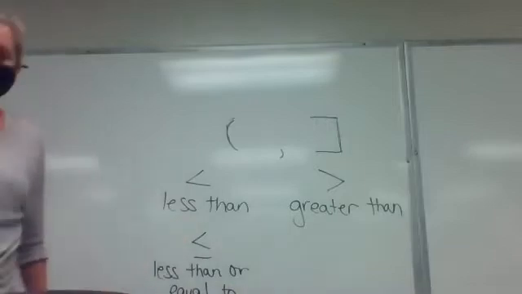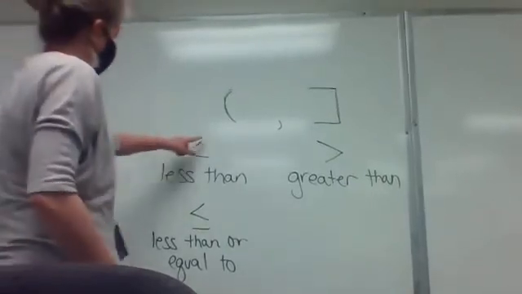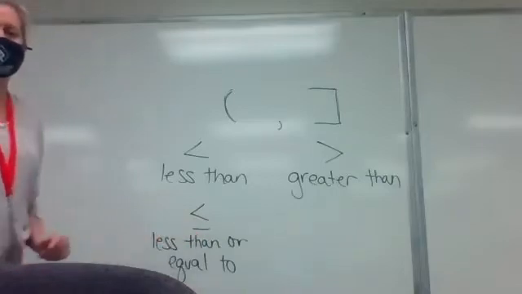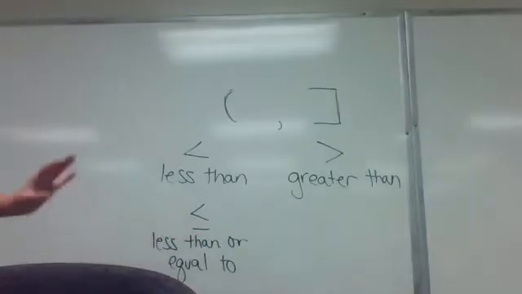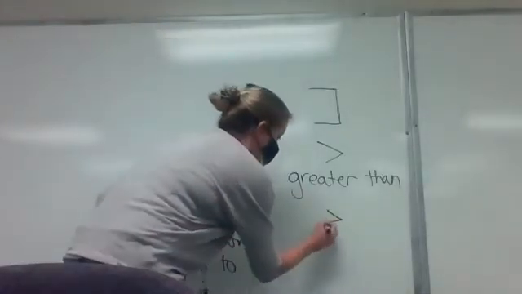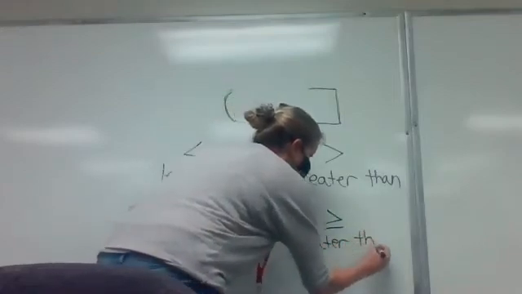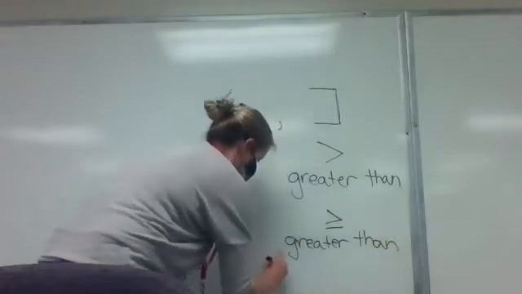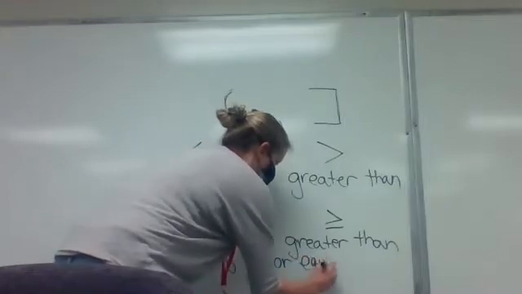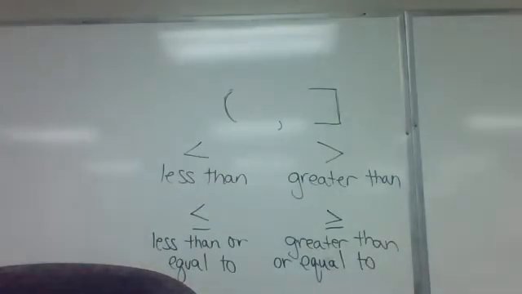This symbol still has the less than symbol like this one, but it has this half equal sign right here. That means that symbol says less than or equal to, and just like that over here, greater than or equal to.